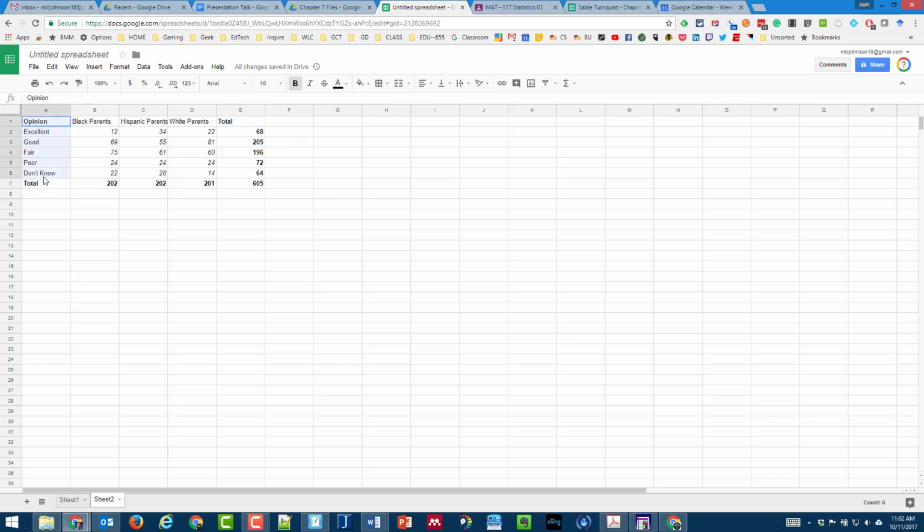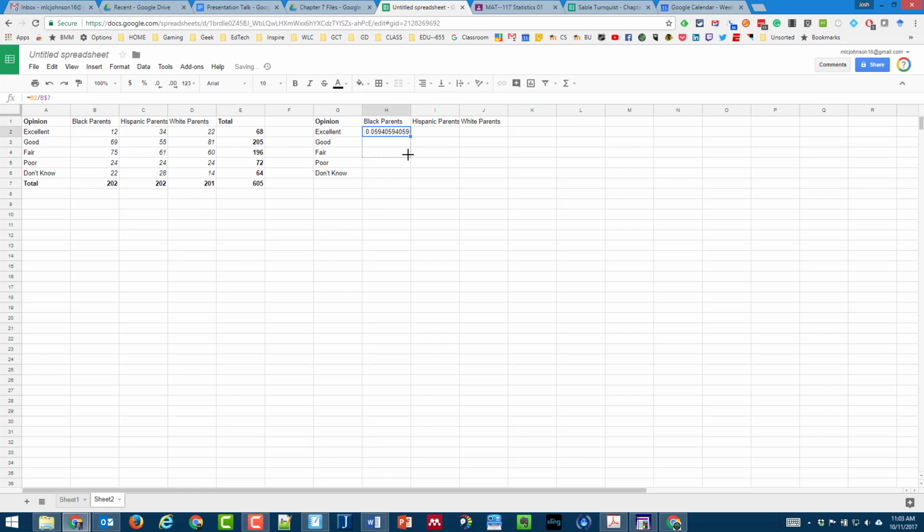I'm going to take this same set of data and copy it. I'm going to make a second table that shows the percentage of black parents that think their students are doing excellent, etc. So again, I'm just going to use equals this divided by, and I'm going to lock it to this row down here, row 7.